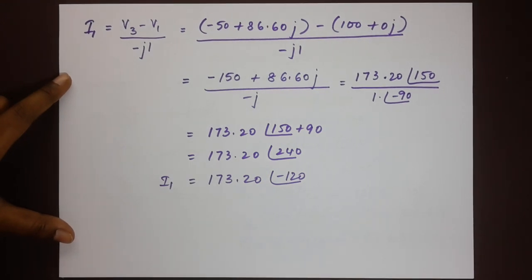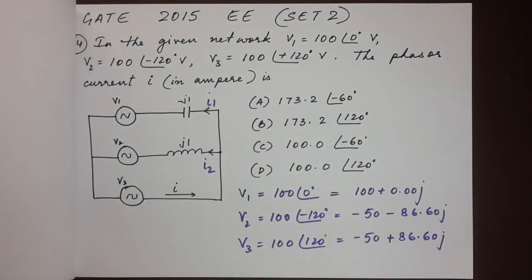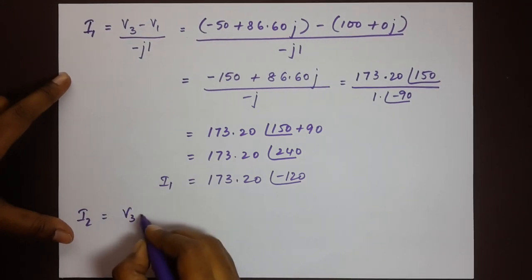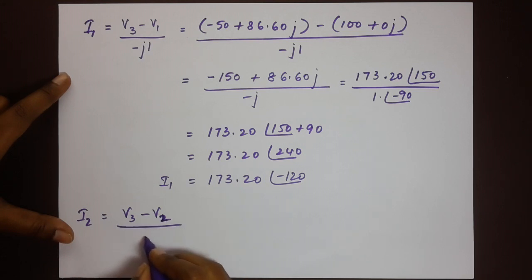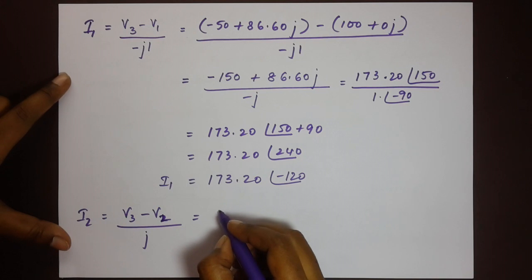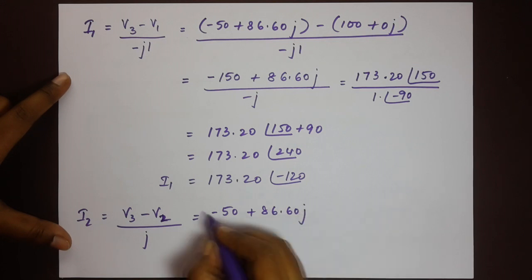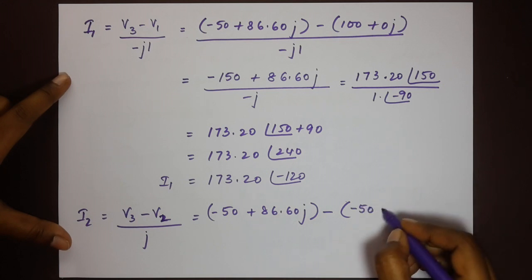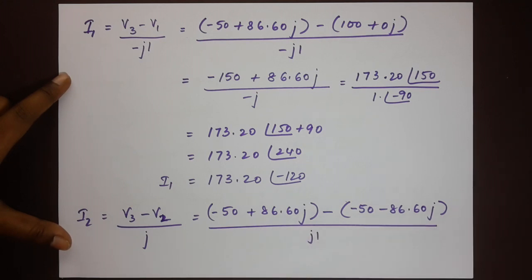Now let's do the same thing in finding the value for I2. I2, from our figure here, is V3 minus V2 divided by J1. So that's V3 minus V2 divided by J. Let's substitute the values. We should have minus 50 plus 86.60 J, that's V3, minus V2, which is minus 50 minus 86.60 J, whole divided by J1.